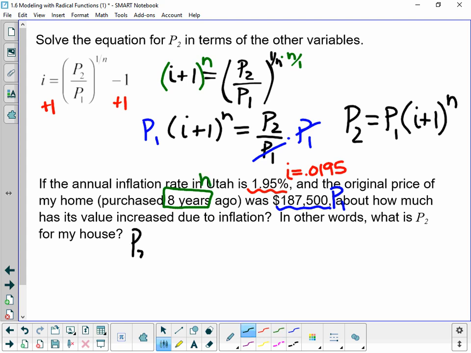So the new price is equal to the old price multiplied by 0.0195, that's our I value, plus 1, and we're going to raise that to the 8th power.